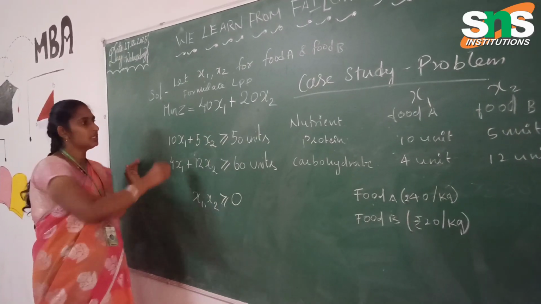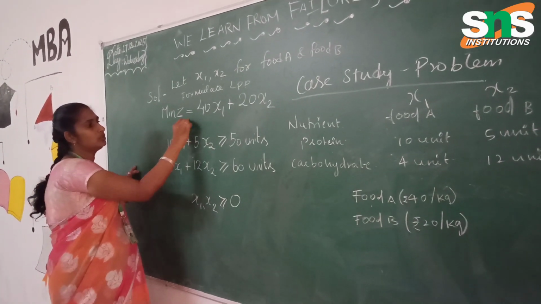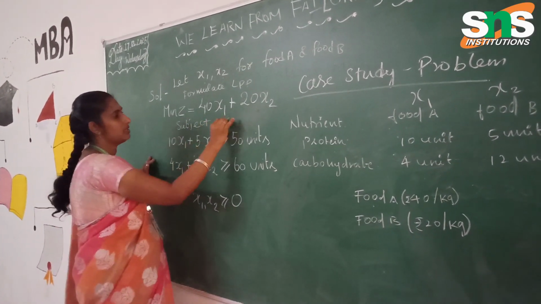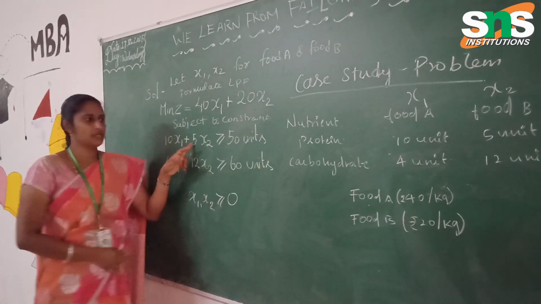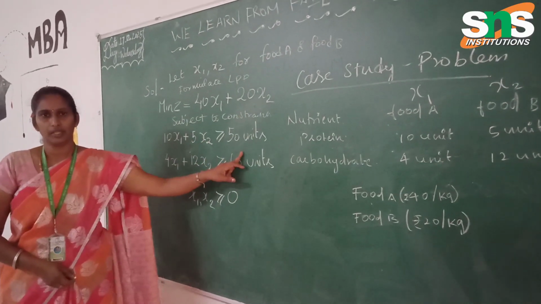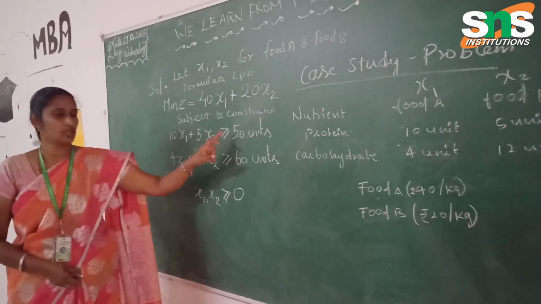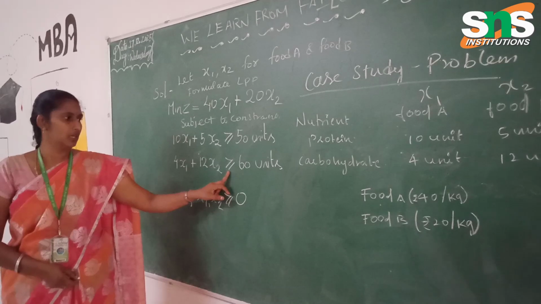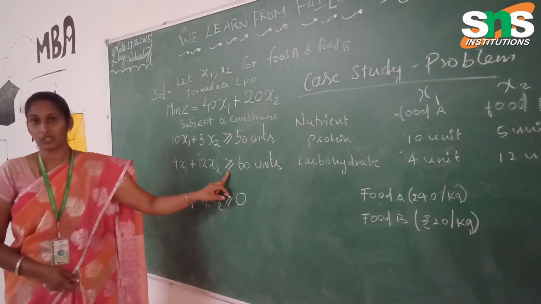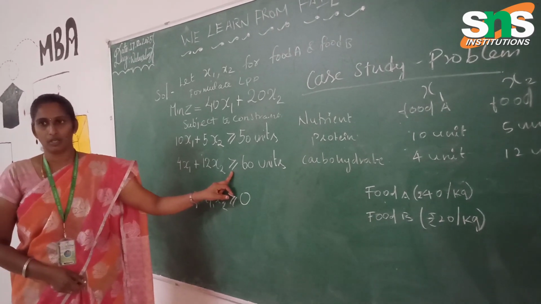Then you have to consider the subject to constraints: 10x1 plus 5x2 should be greater than or equal to 50. If you take minimization it should be greater than or equal to, whereas for maximization it is less than or equal to.